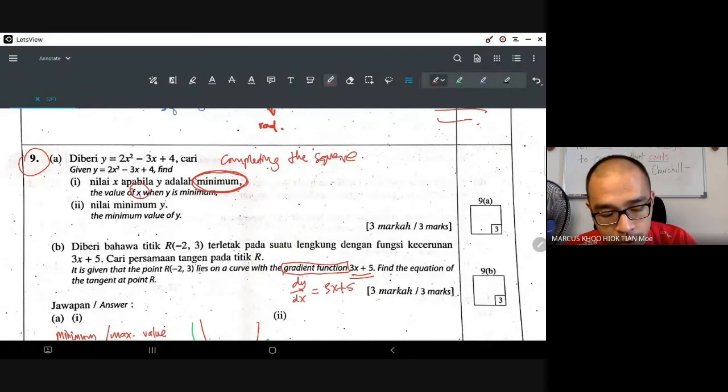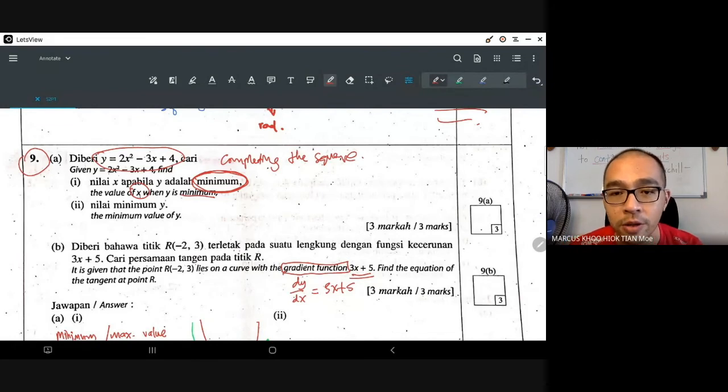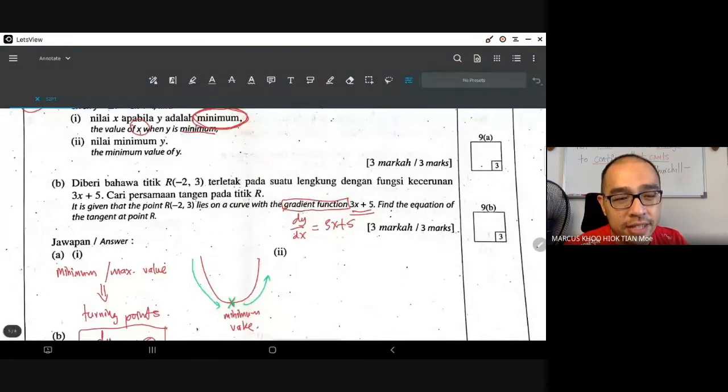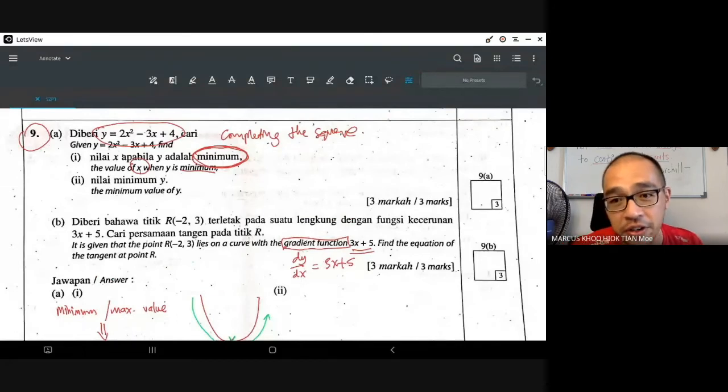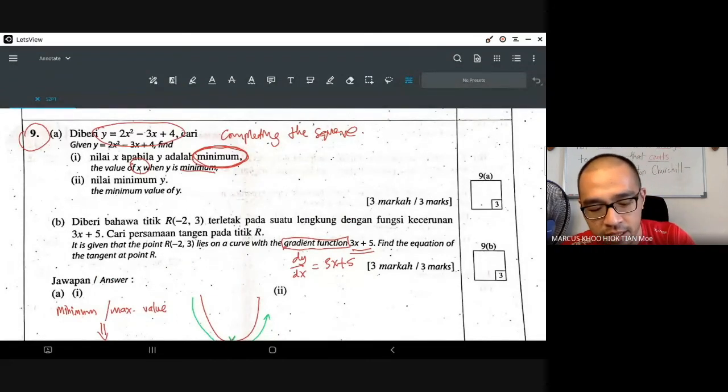The moment you see this, the first thing you do is you differentiate this. I'm not going to revise the method of differentiation, sorry, it's too long for me to tell you how to differentiate. I won't cover it as your revision because it's too basic. y equals 2x squared minus 3x plus 4.